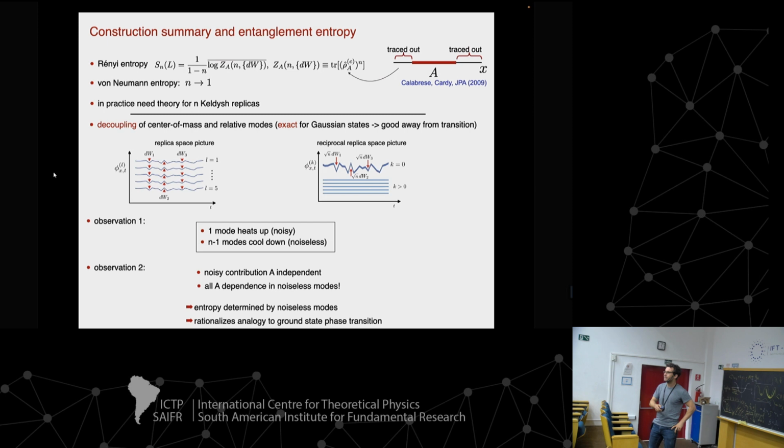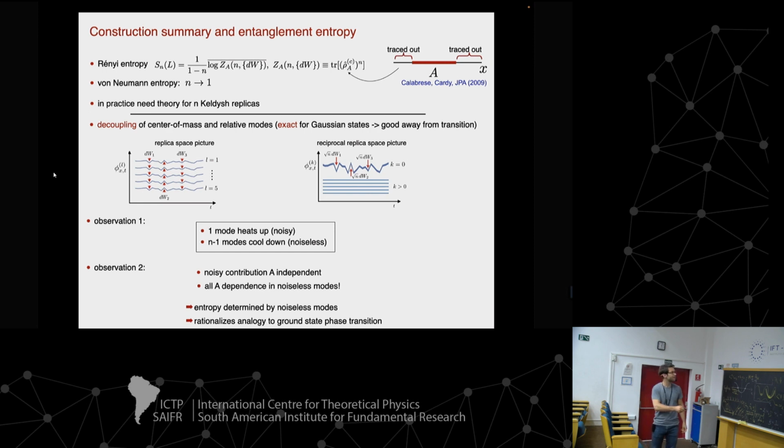There is a funny winner-takes-it-all effect. Because the noise acts on all replicas in the same way, the average coordinate over all replicas gets all the noise, while n-1 replicas do not see the noise at all. Therefore, also here for n replicas, we see that one mode heats up to infinity, while n-1 modes cool down to 0.